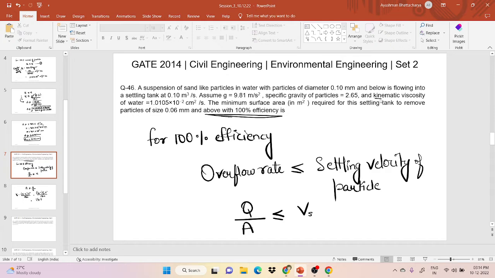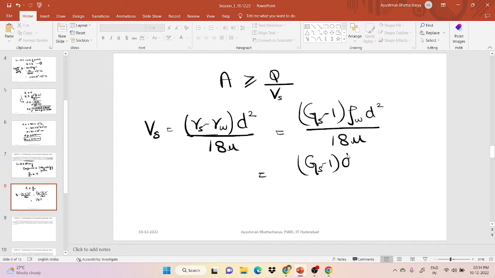For kinematic viscosity, Vs is equal to (Gs minus 1) g d square by 18 nu. So here there will be g, and d square by nu. Okay, so now we got the settling velocity.